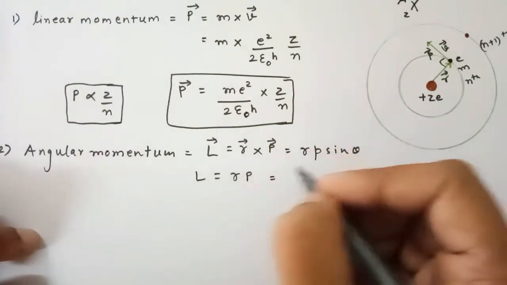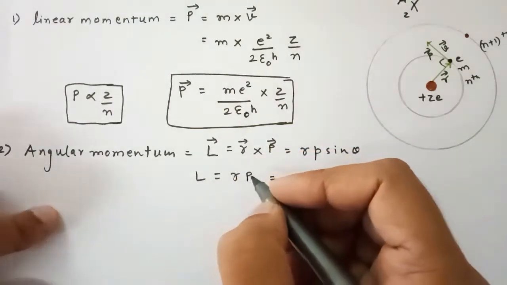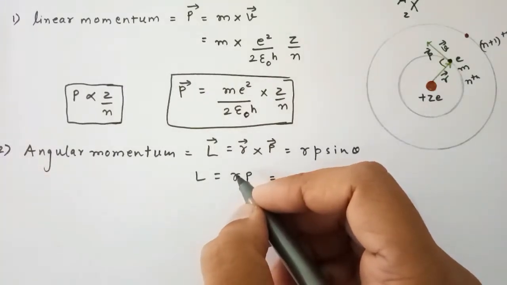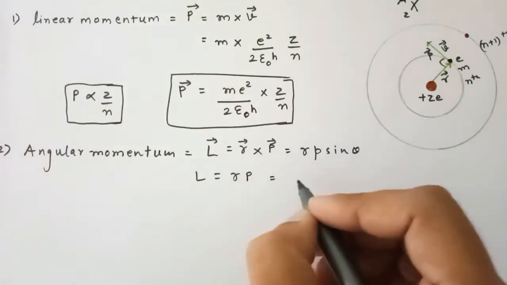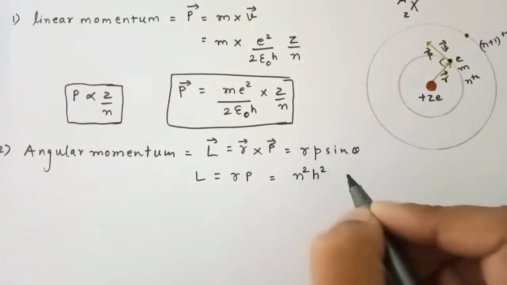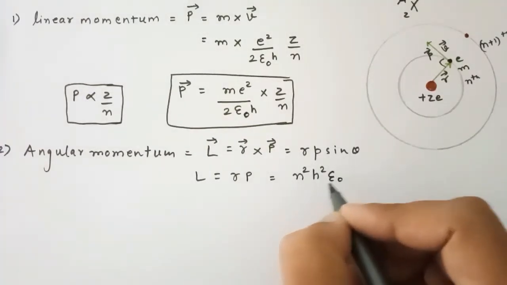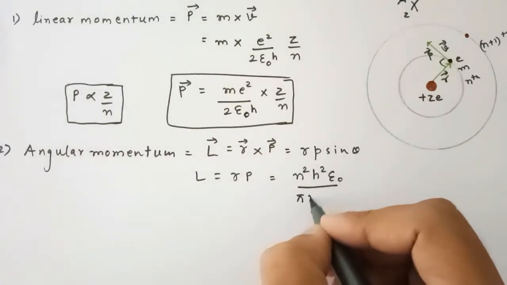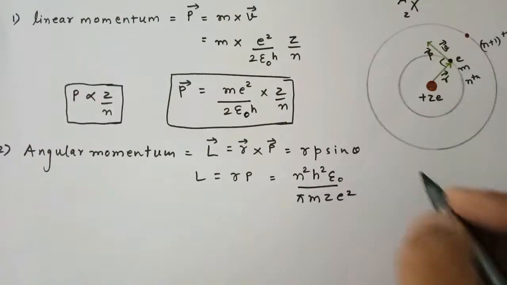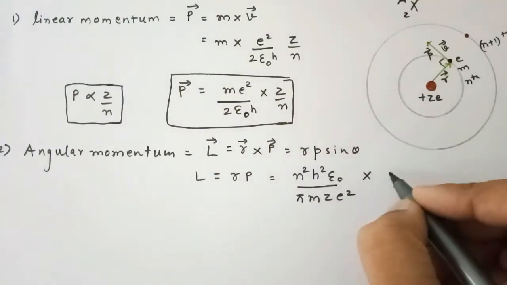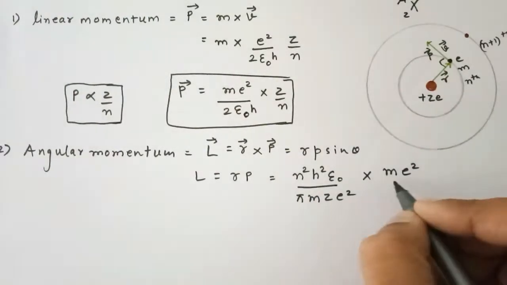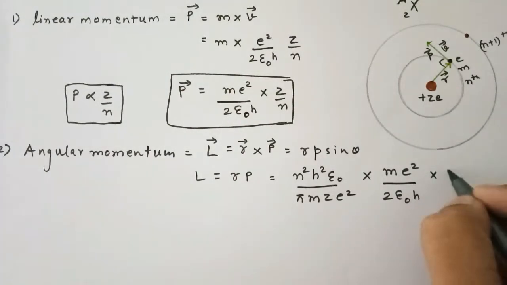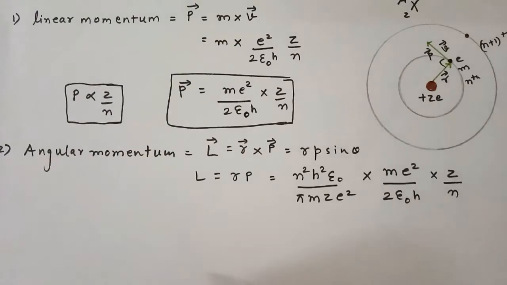If you want to find the formula, we can write the radius expression, which we have already derived, as n square h square epsilon 0 upon pi m Z e square, times the momentum m e square upon 2 epsilon 0 h into Z by n, right?